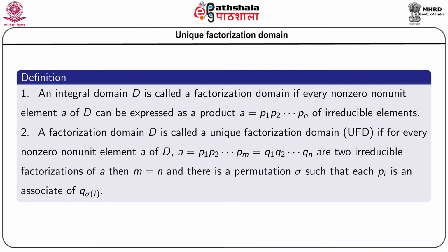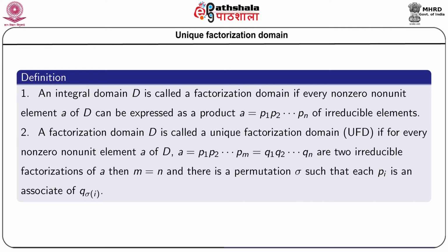That is, if P1, P2 up to Pm is equal to Q1, Q2 up to Qn are two irreducible factorizations of the same element A, then we must have m equal to n and there is a permutation sigma such that each Pi is an associate of Q sigma(i).